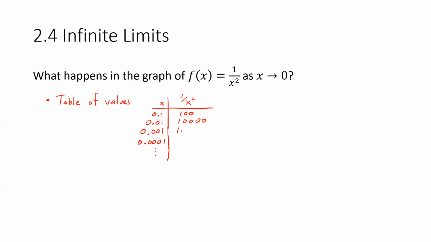And then 1 over 0.001 squared, again, I think we're going to add 2 zeros there, right? You notice that each time it's just getting bigger and bigger the closer I get to 0. Notice that because it's squared here, it would be the same whether or not this x value is positive or negative.